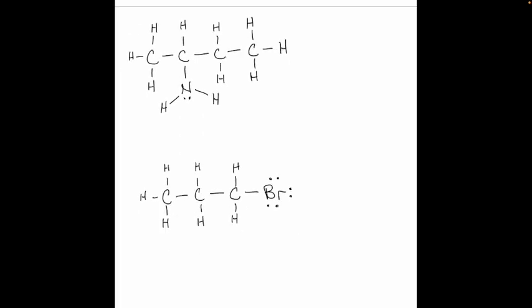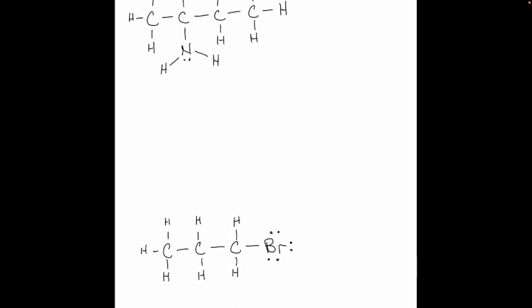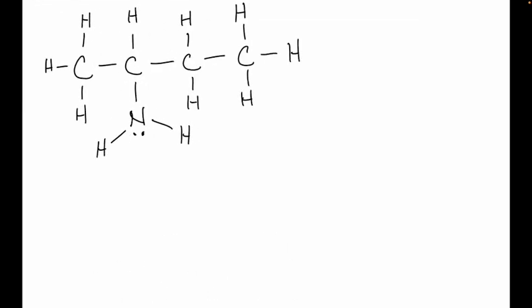so let's do this first one. And I'll sort of color things so we can make sure to put our nitrogen in the right place. I'm going to draw my 2, 3, 4 carbons.